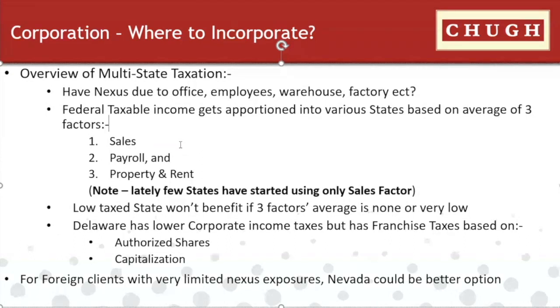You divide it between the number of states you have the business in by using the average of three factors: sales, payroll, and property and rent in various states. You use that average to allocate the federal taxable income and pay the tax in various states.